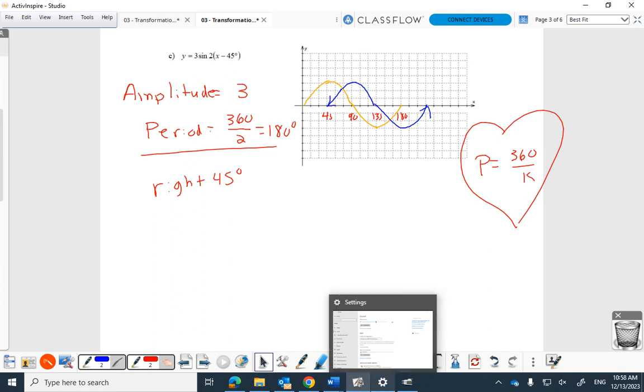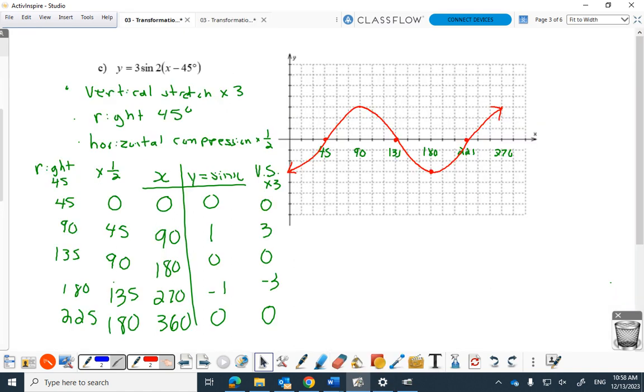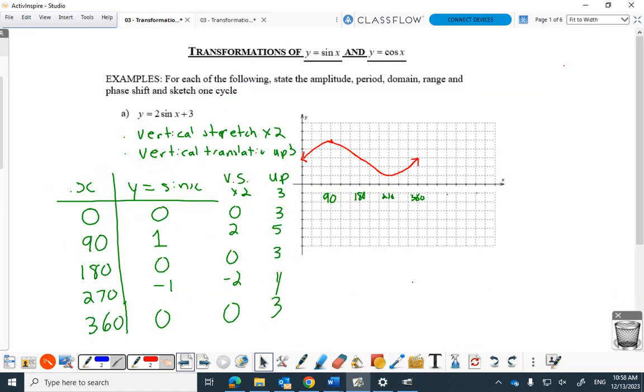But let's just rewind. Let's go back to method 1 and rewind to the start, because I believe I have not answered the questions. For each of the following, state the amplitude. Once you're done graphing, those jobs are easy. Amplitude. You look at the graph and you go, oh, it's 2. Period.